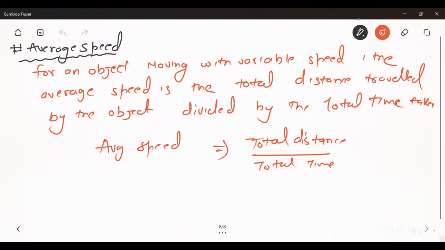Now come to the main part of average velocity. There are two or three more concepts that are important from the exam point of view, which come in the numerical part.